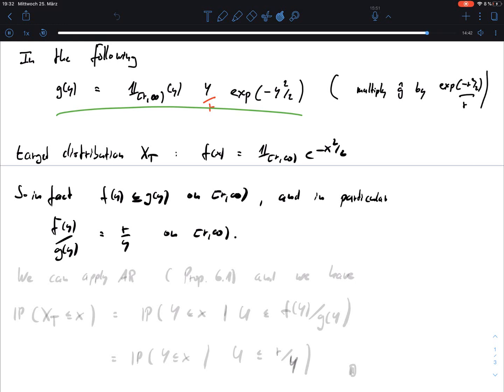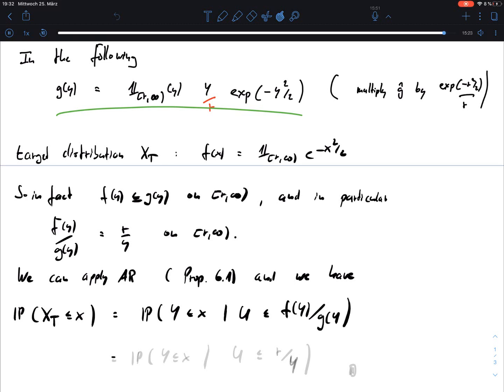Okay, and now everything fits nicely together, so we can apply acceptance rejection, proposition 6.1, and we have the probability of X_T less or equal than x is the same as the probability of Y less than or equal than x under the condition U is less or equal than f of Y divided by g of Y, and as we have seen, the latter expression simplifies to U less or equal than r divided by capital Y. Okay, and this is the proof of proposition 7.2, and this concludes the supplemental part.